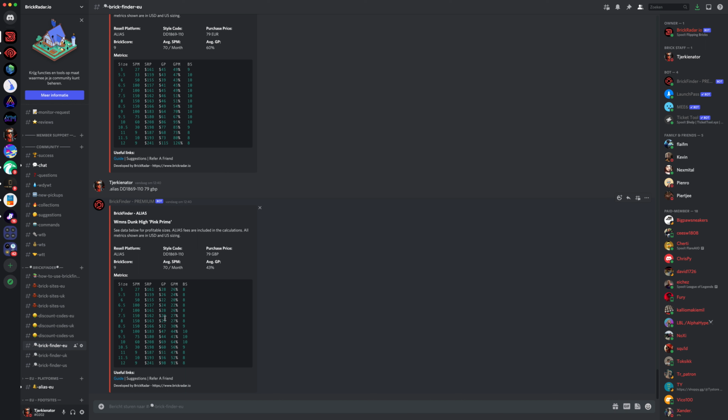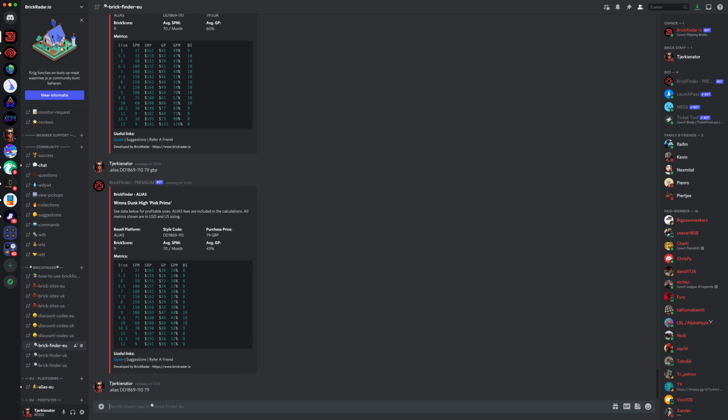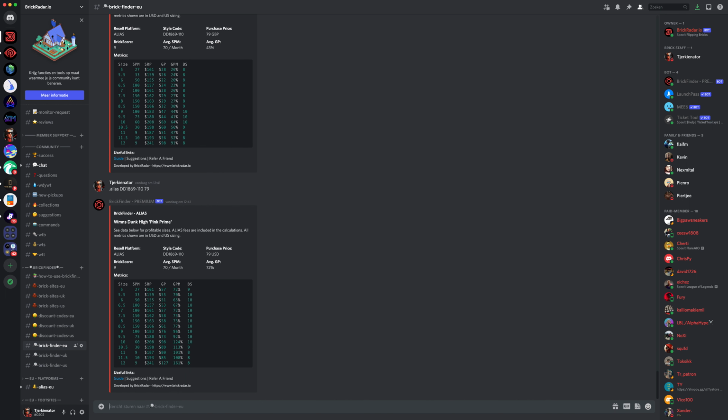So here I make only $29 profit on size 7.5. But if I buy it for €79, I actually make $46 in profit, right? So this is just the difference in the worth of the currency, right? And if I don't use any currency at all, then it's automatically set to US dollar, and then your purchase price will be $79, right?